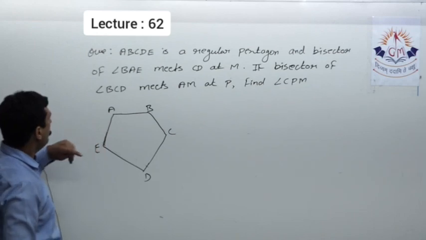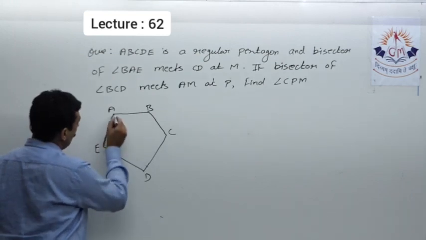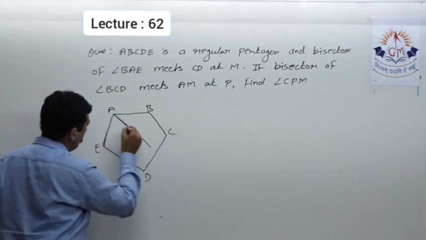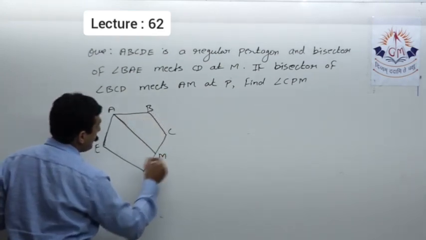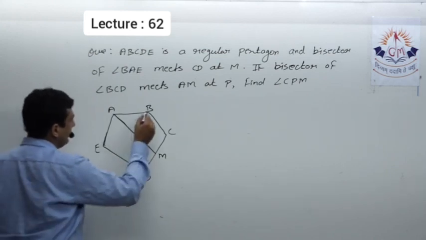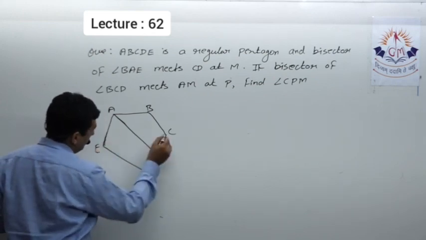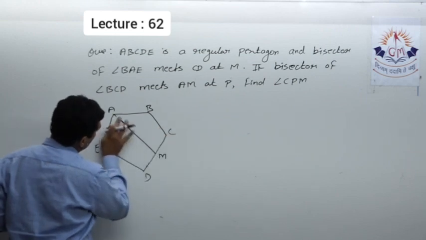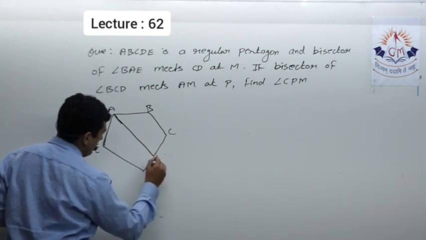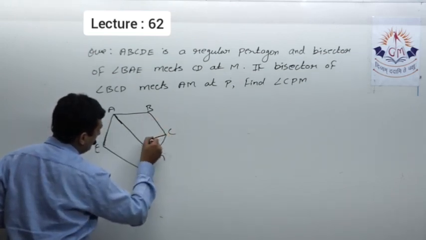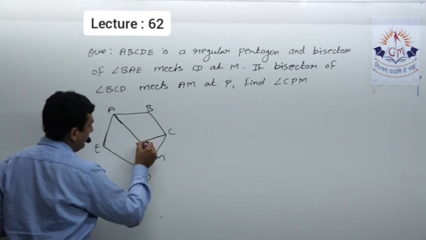Now the bisector of angle BAE meets CD at M. So this point is point M. Now the bisector of angle BCD meets AM at P. So you have to find the measure of angle CPM, this angle.